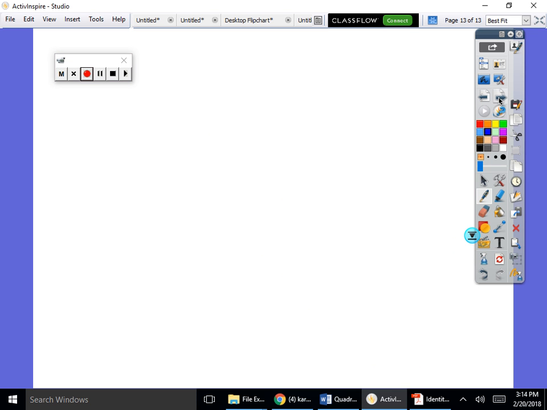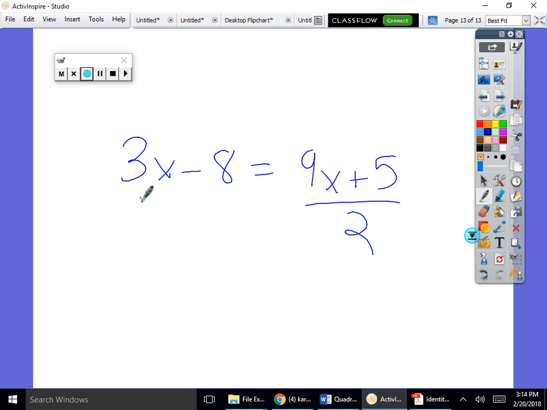All right, number 17. Okay. We have 3x minus 8 equals 9x plus 5 over 2. Now, you can put this over 1 and cross multiply, or you can simply multiply by 2 to get rid of the division.